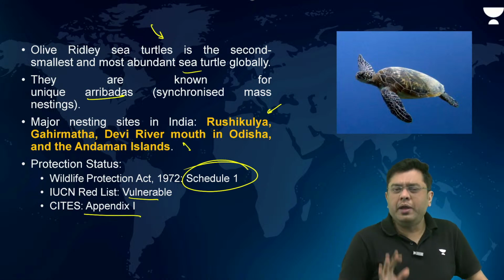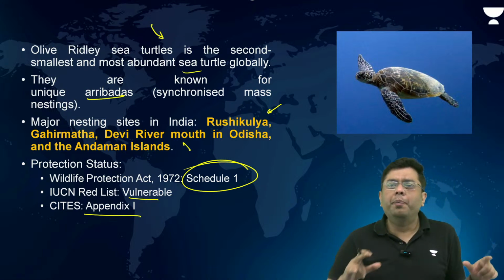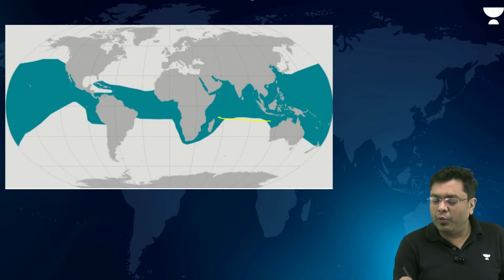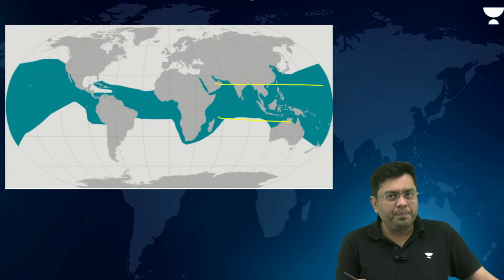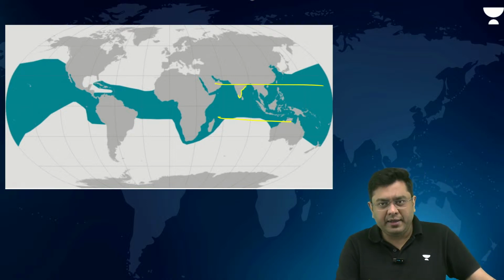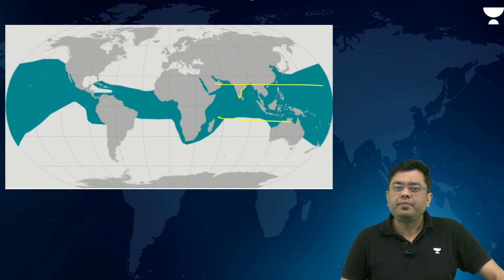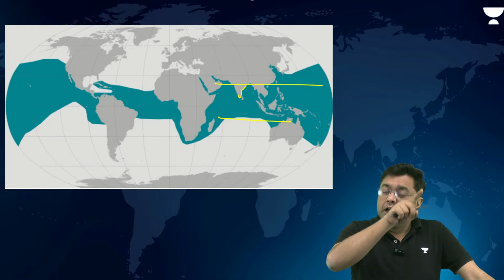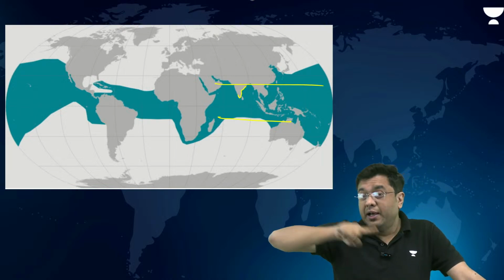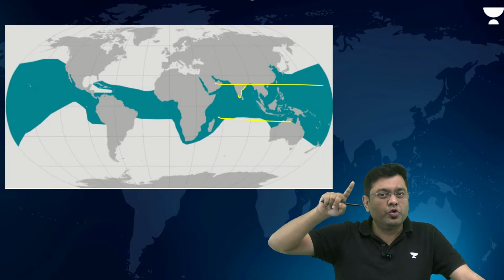But it is also important for you to know what is the global range of this. The range is something which you will find in the tropical waters across the globe. But they start frequenting from this region and they move up till here in most prominent numbers. Okay. Now, remember that Kovalam to Ramanathapuram. Kovalam in the western coast, Ramanathapuram in the eastern coast.